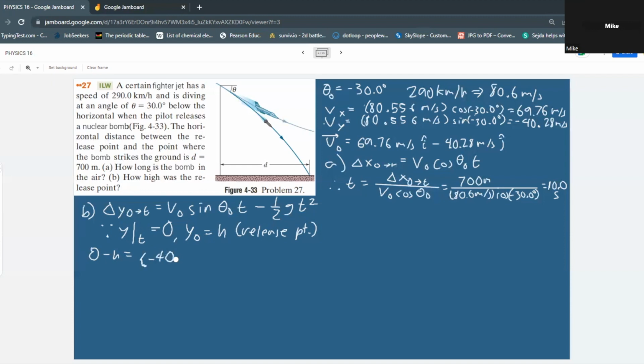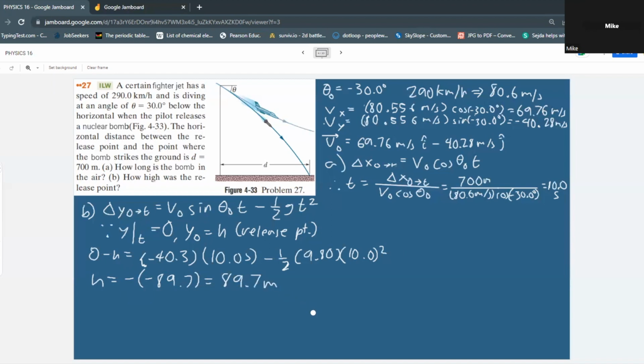So set up, para makita, set up. So negative 40.3 times 10 plus 0.5 times 9.8 times 100.